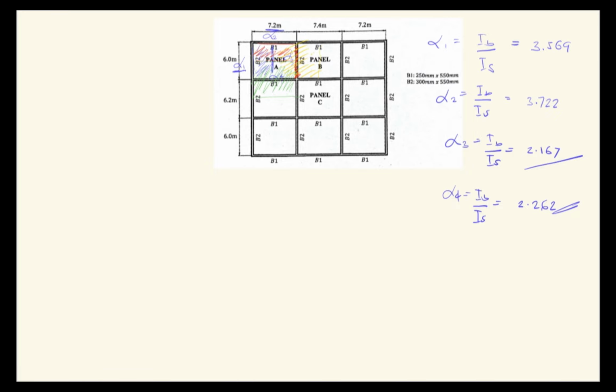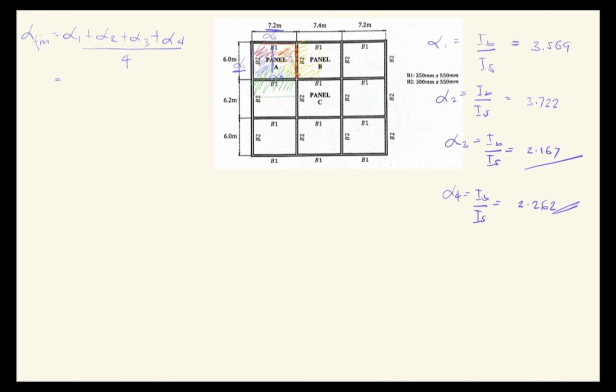Okay, now we have to get the average of the flexural stiffness. So we have alpha Fm equal to alpha 1 plus alpha 2 plus alpha 3 plus alpha 4 divided by 4.